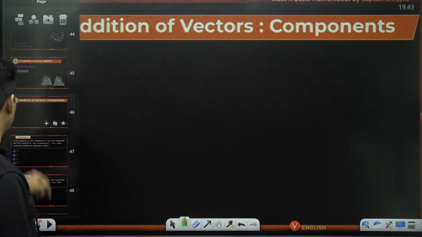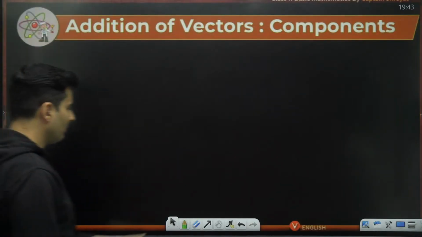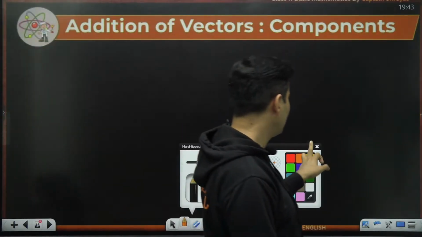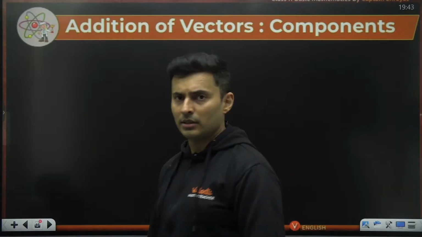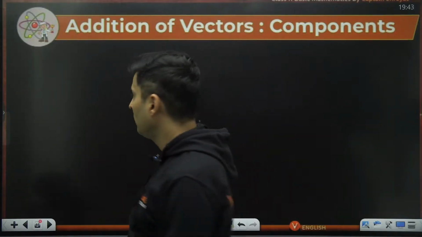Now, the last thing over here is vector addition by components or vector subtraction by components. This is the most difficult method. This is going to blow your mind. Okay.